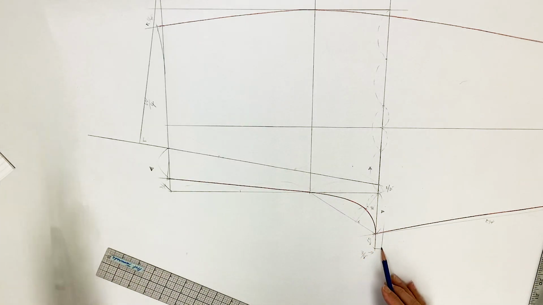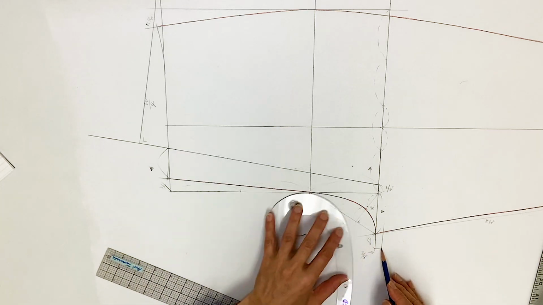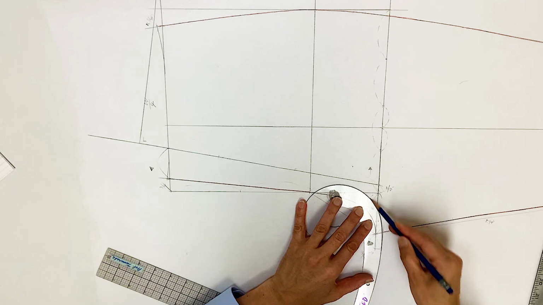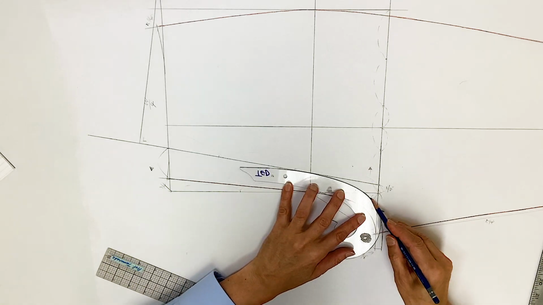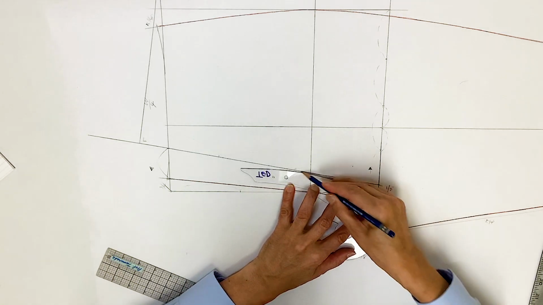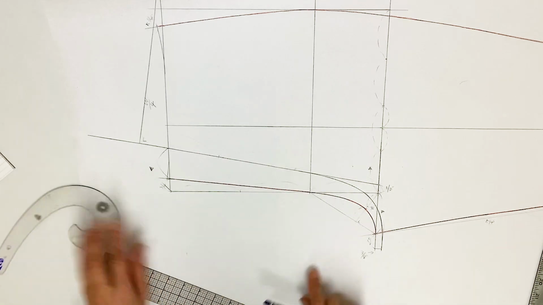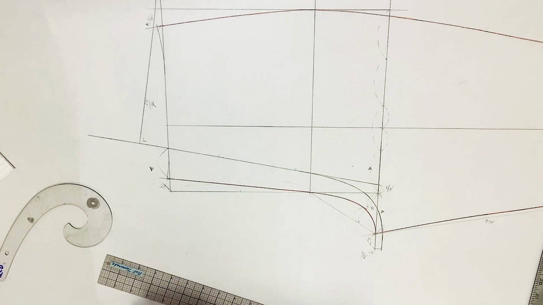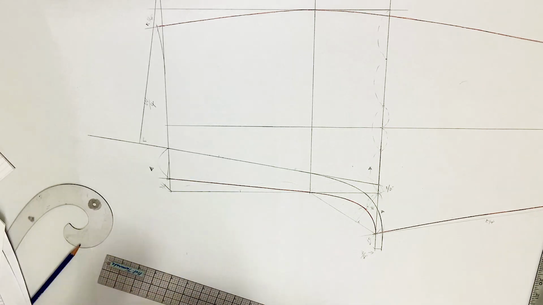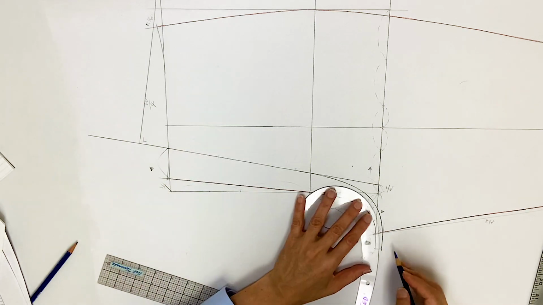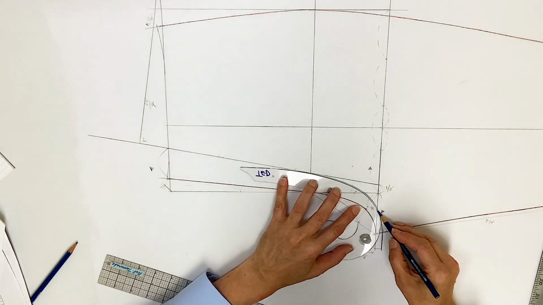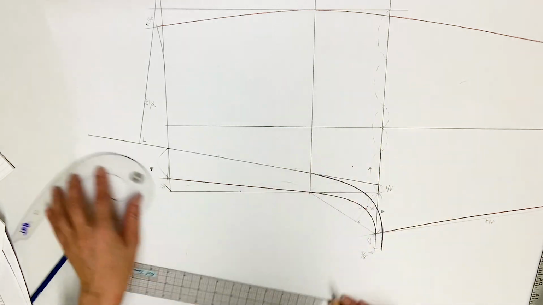Here it's almost straight, and from this point you go a little deeper and then blend it like that. This is the front crotch curve, and this is the back crotch curve. Let me use a blue pencil so you can see, because this overlaps. This is the back crotch curve.